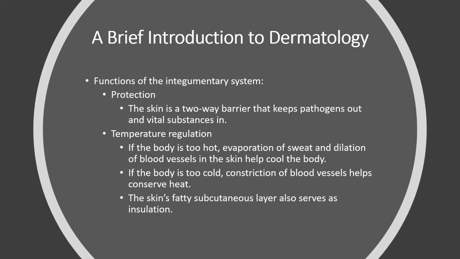For temperature regulation, if the body's too hot, evaporation of sweat and dilation of blood vessels in the skin help to cool the body, while if it's too cold, the blood vessels constrict, and these will help to conserve heat. The skin's fatty subcutaneous layer also helps to act as insulation.